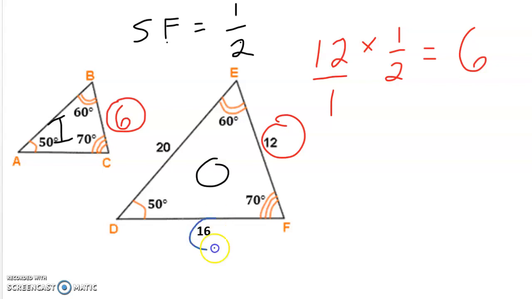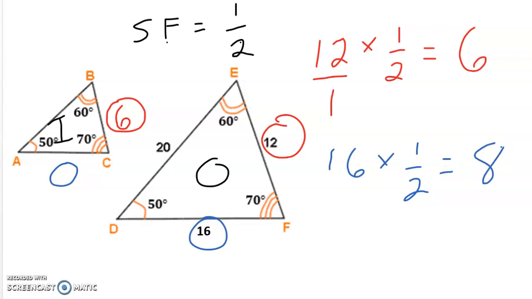Let's continue finding the missing side lengths on ABC, our image. I'm going to take 16. The corresponding side to 16 is side AC. So DF corresponds with AC. I'm going to find what AC is. I take 16 and multiply it by my scale factor, which is 1/2. Half of 16, or 16 times 1 over 2, is 8. So this missing side here is 8.